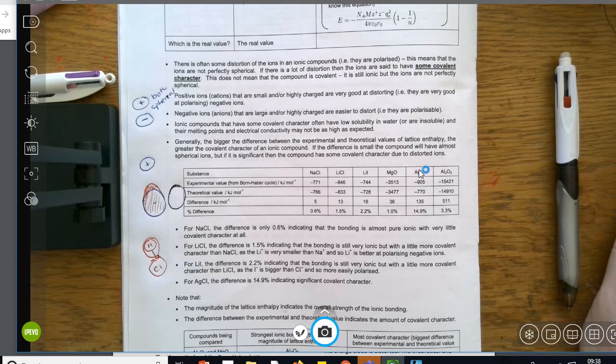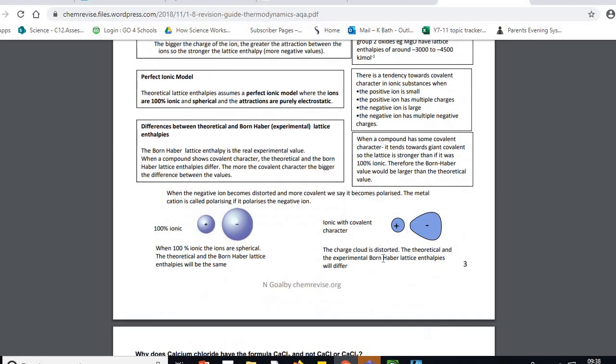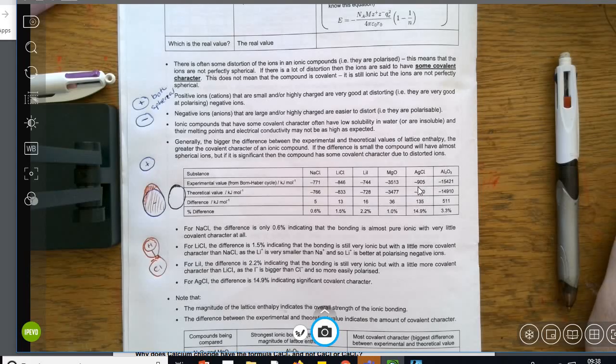When we then go to silver chloride, you can start to see where this effect is happening. I'm going back to this diagram. We've got a big charge distortion, so instead of it being spherical, it's very much in this shape. That's because the difference between the experimental value and the theoretical value is very, very large.